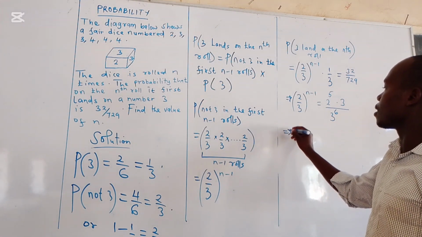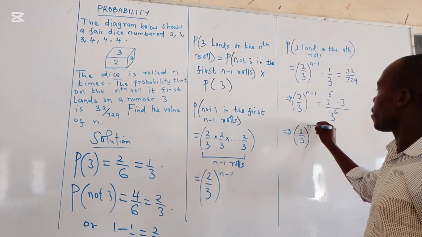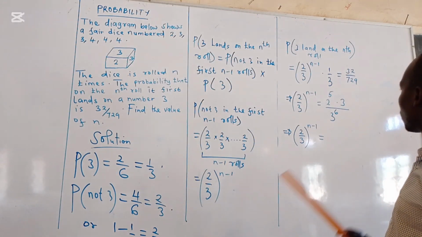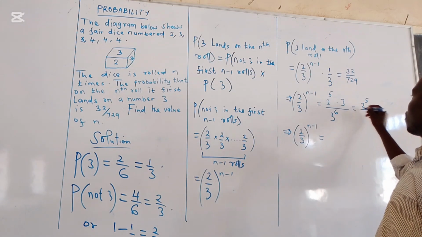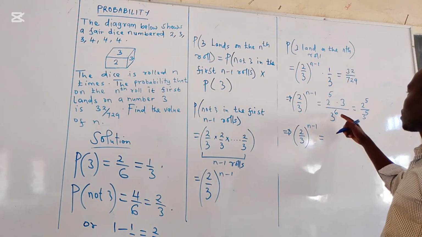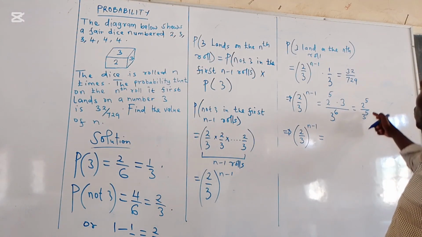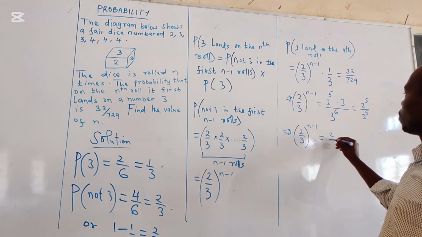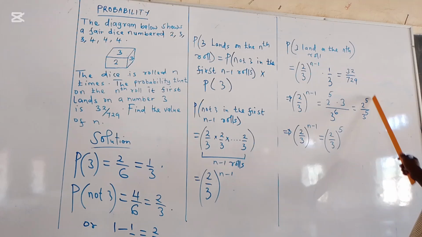So this implies that you have 2 over 3 power n minus 1 is equal to 2 power 5 over 3 power 5. We just take this 6, subtract this one. And therefore, this can be written as 2 over 3 power 5, because the powers are the same.